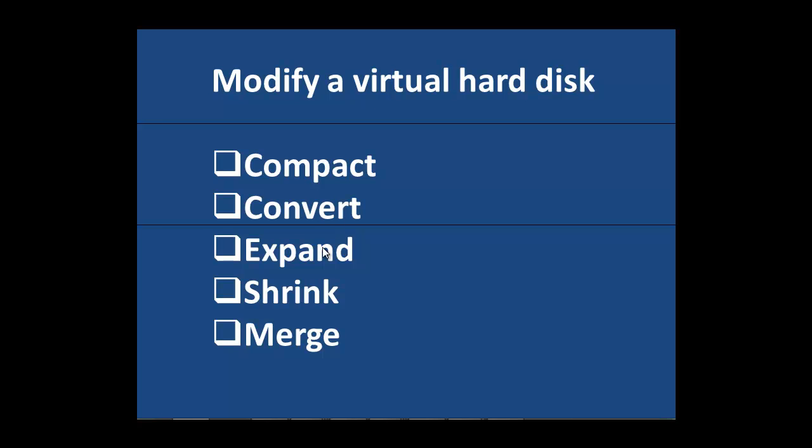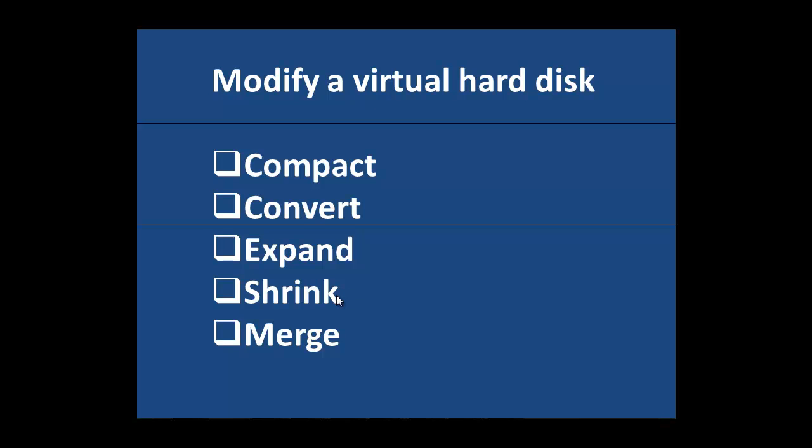We can also expand the virtual disk, and expanding the virtual disk increases the capacity of the disk by adding empty storage space to the image file. We also have the options to shrink or merge.